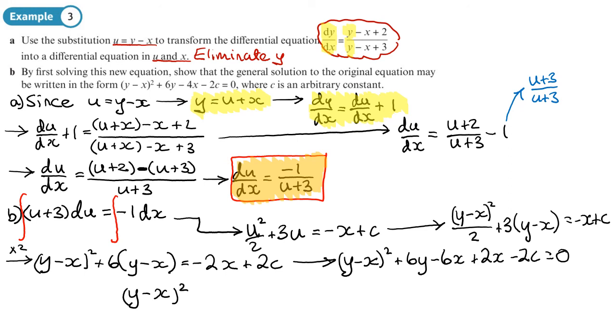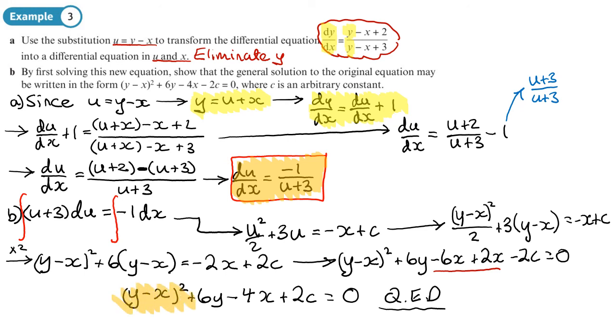That's there, then plus 6y, then the minus 6x plus 2x is going to be minus 4x plus 2c equals 0. So we've got it in that form as required. Let's just highlight that, even though it's really the working that's the most important part.